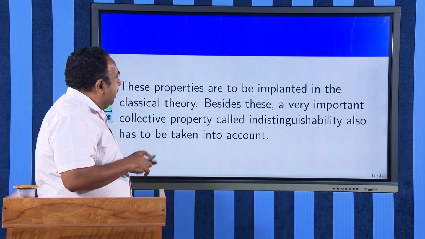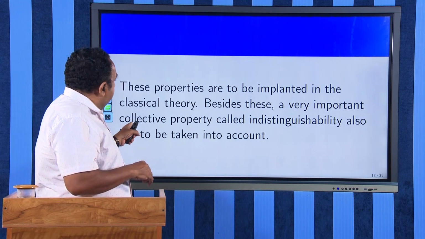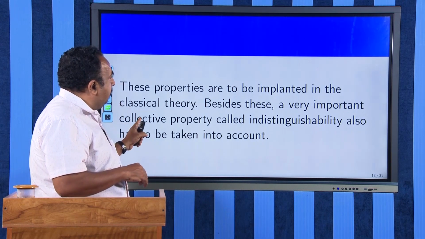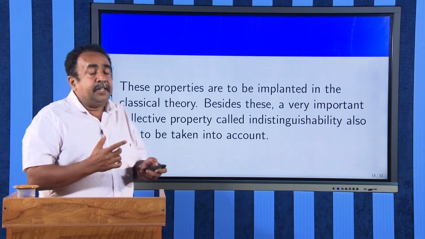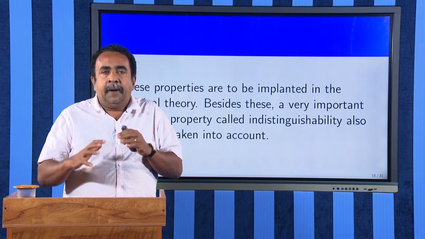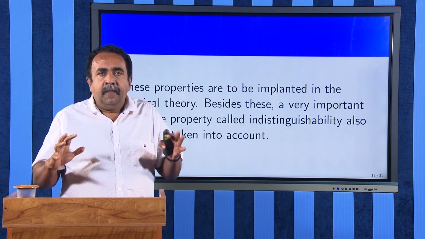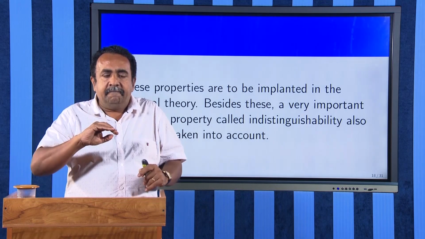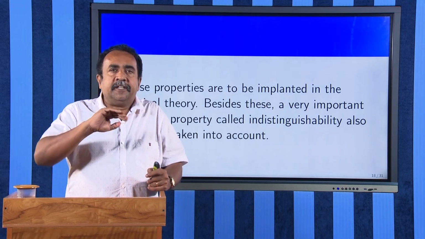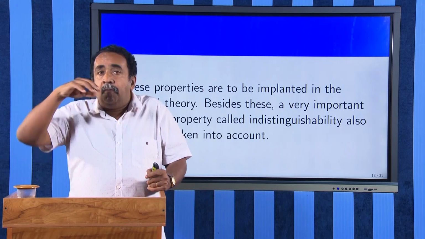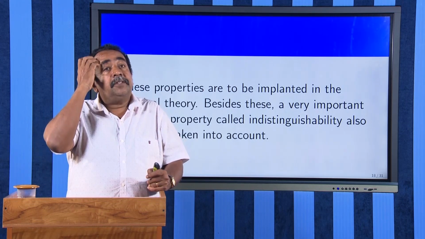And for that, there is one more property which I forgot to tell you, a very interesting and important property, known as the indistinguishability property. Indistinguishability means the wave nature of the first particle will be overlapping with the wave nature of the second particle.